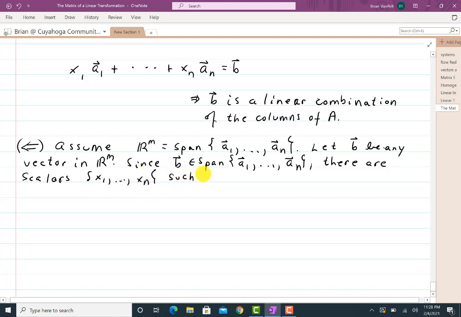such that B is a linear combination of those things. That's the definition of B being in the span of those things.